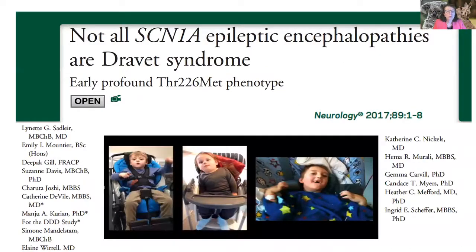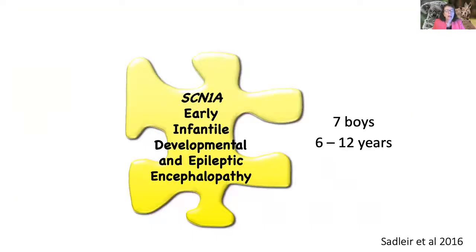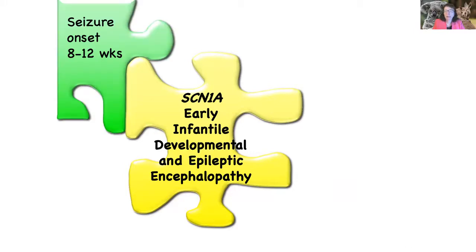We reported this phenotype back in 2017 together with my colleague, Lynette Sadleir. In this study, we had 7 boys aged 6 to 12 years of age, just by chance boys. I don't think this is particularly a male disease. They all had seizure onset a bit earlier, between 8 and 12 weeks of age.